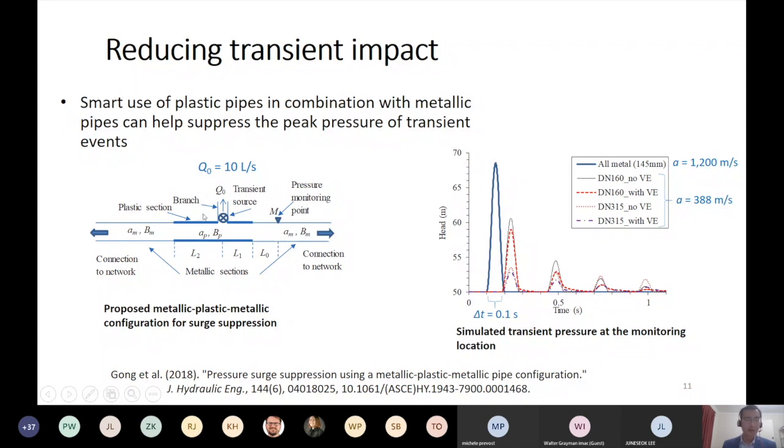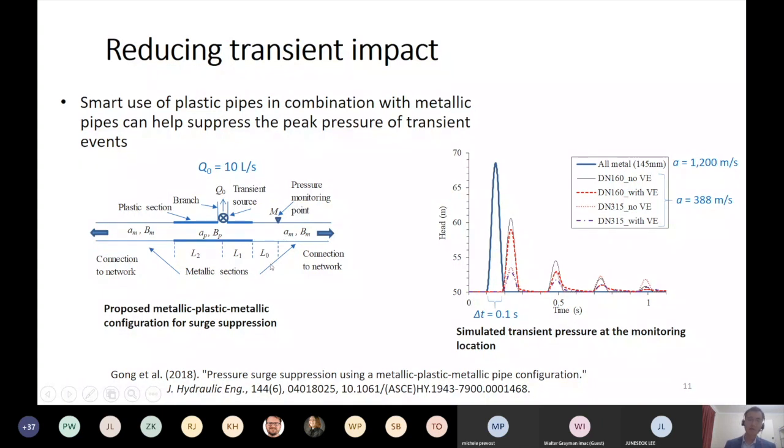If we replace a section of the metallic pipe by plastic pipe with the same or similar diameter, and connect the branch onto the plastic section, not to the metallic section, we will see that for the same water usage event, we would not have such significant pressure variations on the water main.